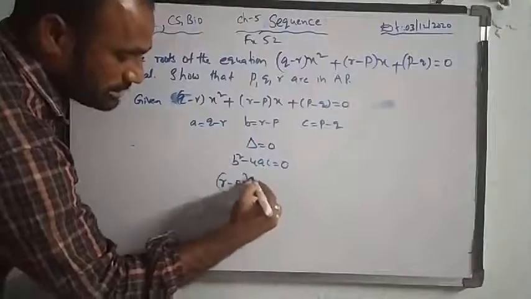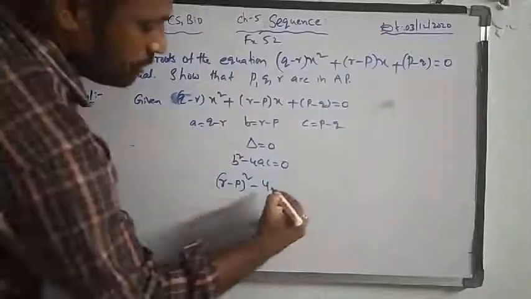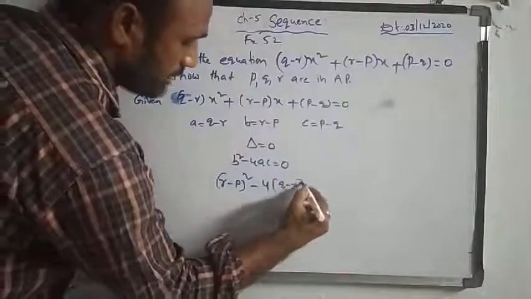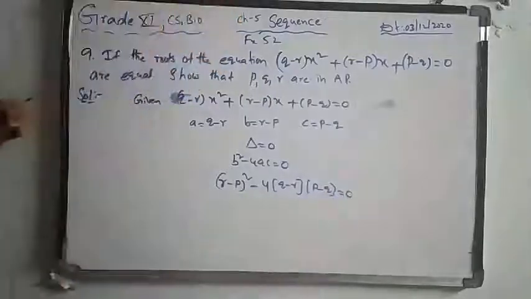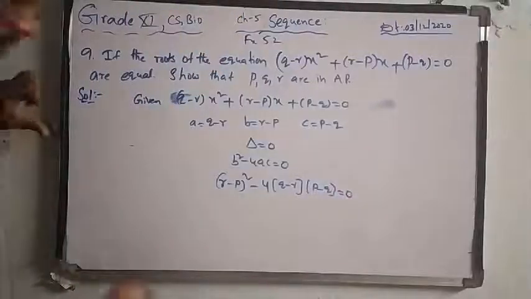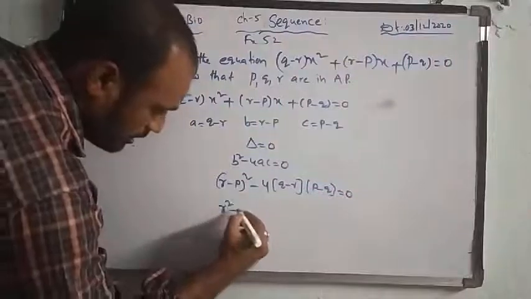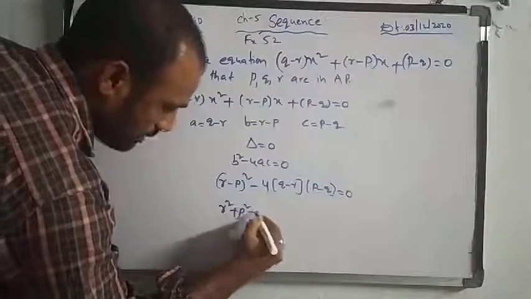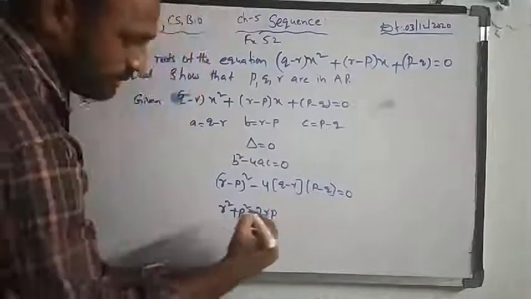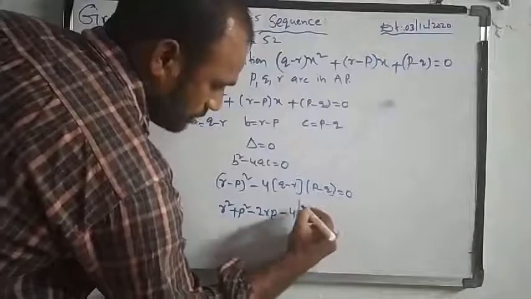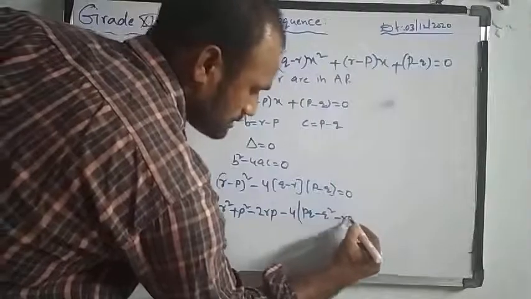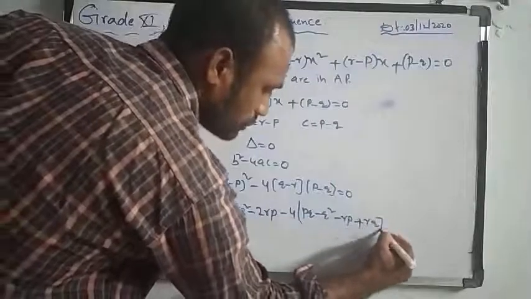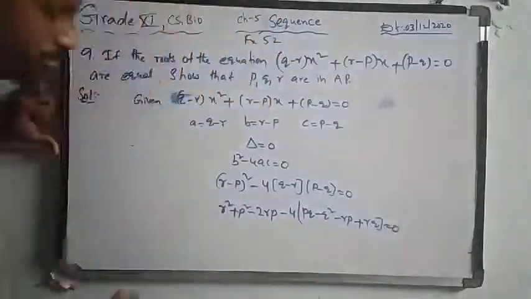That is (r minus p) whole square minus 4 into (q minus r) into (p minus q) is equal to 0. So this can be given as r square plus p square minus 2rp minus 4 into (pq minus q square minus rp plus rq) is equal to 0.